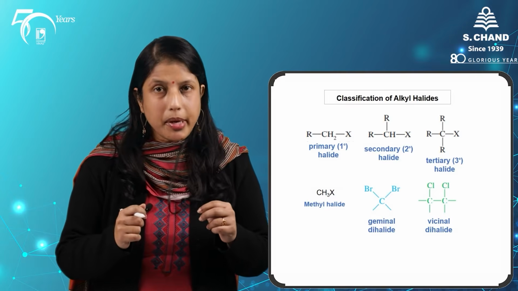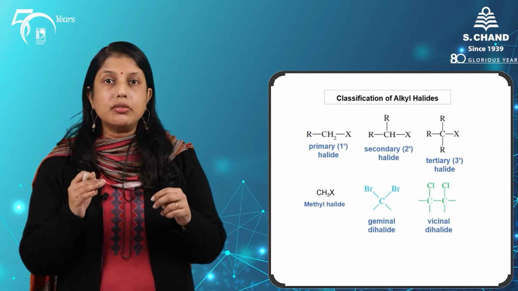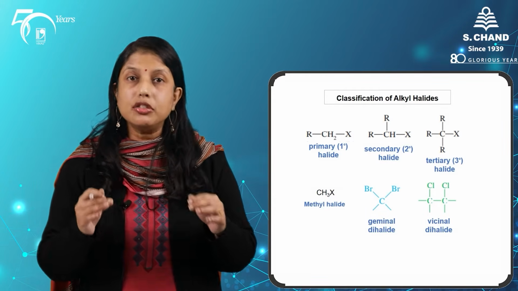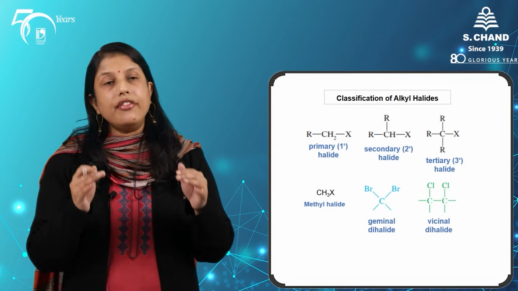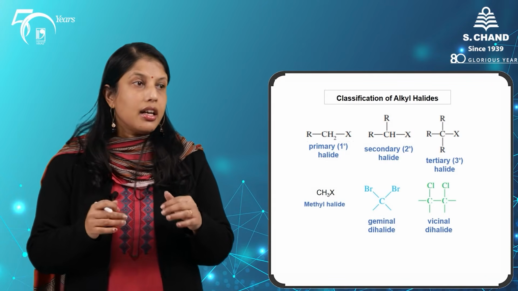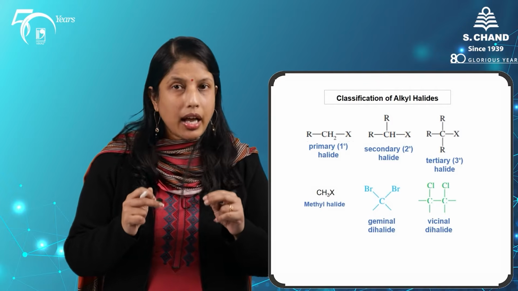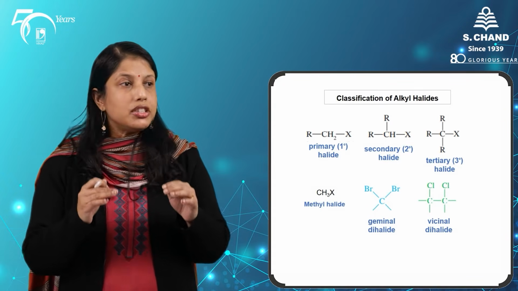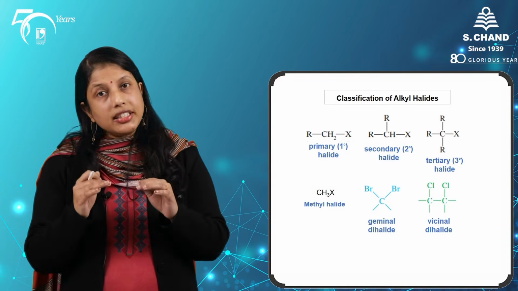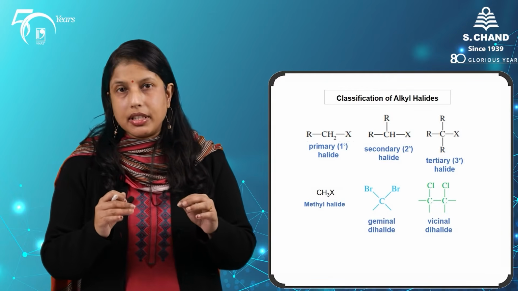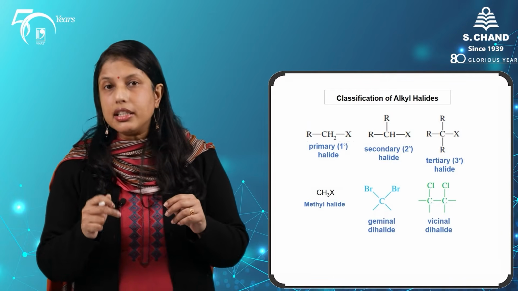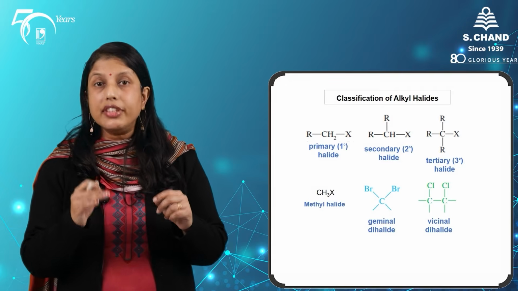Geminal, you will remember, comes from the Latin word geminus, which means twins. And a vicinal dihalide has 2 halogen atoms which are on adjacent carbon atoms. Here, the word vicinal comes from the Latin word vicinus, which means neighbors.